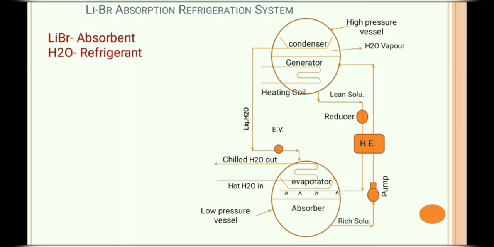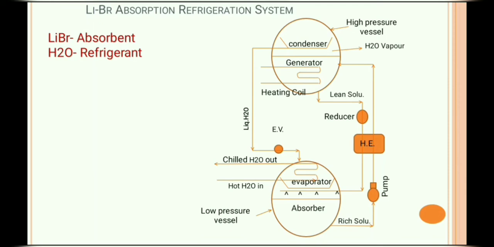Okay, and the lean solution which is coming out from the generator and goes to the absorber is treated as a hot fluid. We all know heat always flows from hot body to cold body. In that case, hot fluid loses its heat and cold fluid gains the heat.